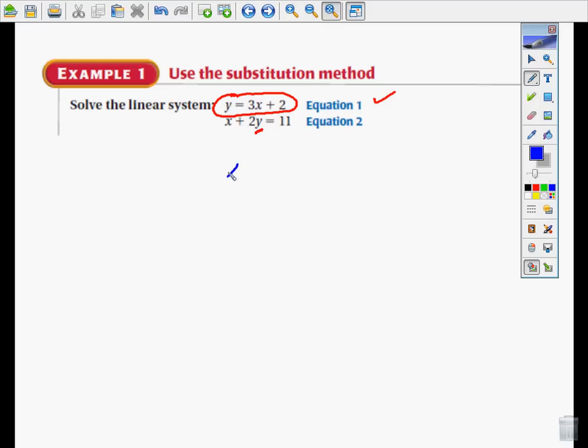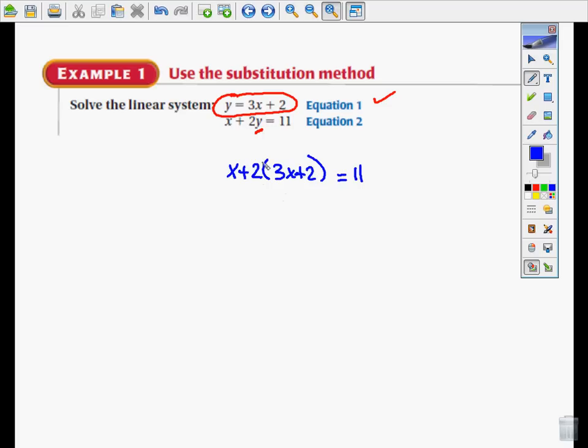So I'm going to go x plus 2 and then parentheses, instead of the y, I'm going to substitute 3x plus 2 because that was the y that we had up here, and then equals 11. Now, still following along with step 2, I'm going to solve this equation for the x. I've eliminated the y variable, so now I can solve this for the x.